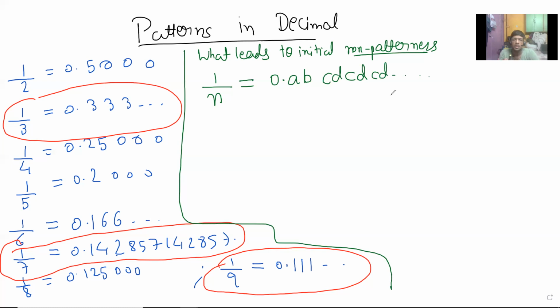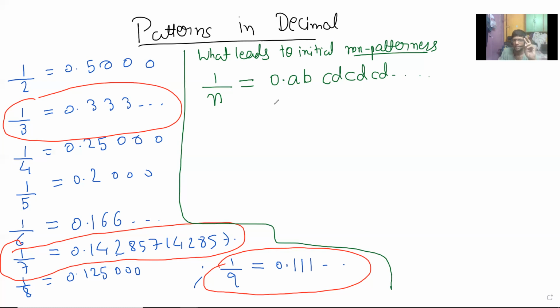And you can see that 1 by 4 has this feature, but n equals 4 is not odd. For 1 by 4, there is 2, 5, and then 0, 0, 0. So, yeah, I understand. I don't know the answer.